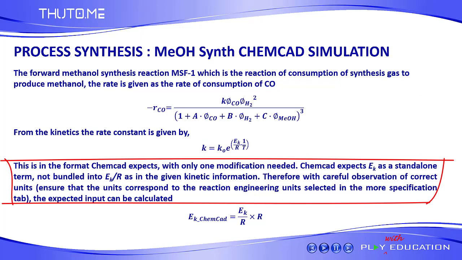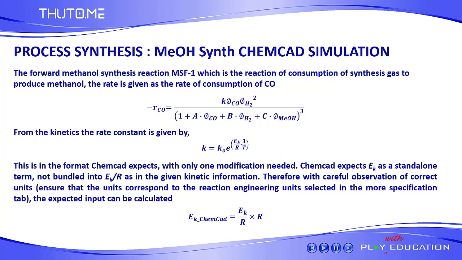But what we have given you, we had bundled into EK divided by R. So for you to get the EK that you will supply to Chemcad, you will need to multiply the EK over R term that we have given you by R, so that what you have now is just EK. That's the only modification that you will need to do for the rate constant.